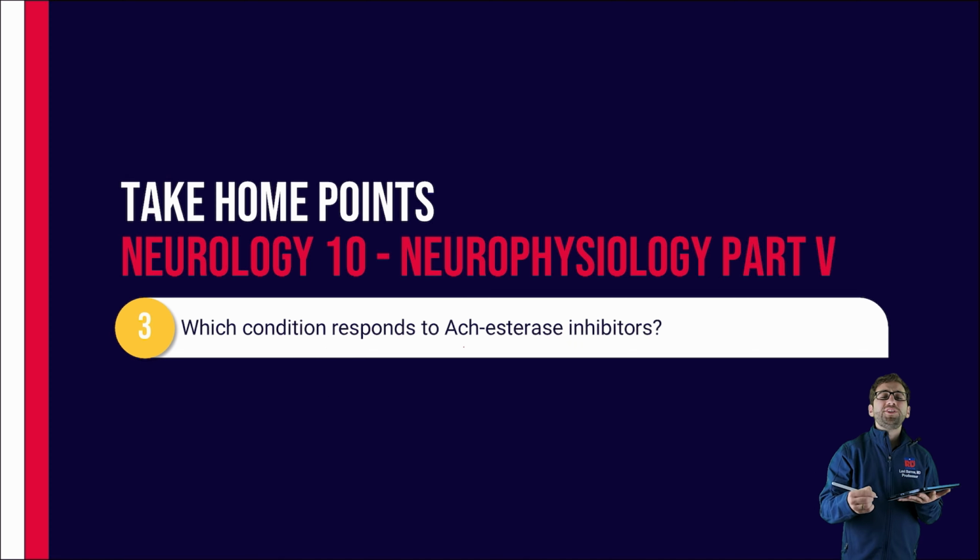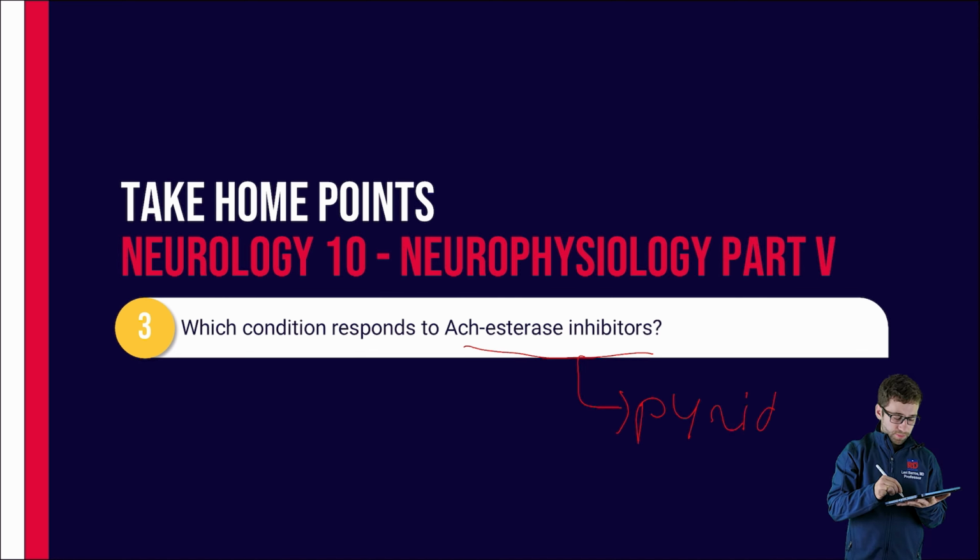Which condition responds to acetylcholinesterase inhibitors? Well, myasthenia gravis responds to acetylcholinesterase inhibitors such as pyridostigmine. The most famous one is pyridostigmine.